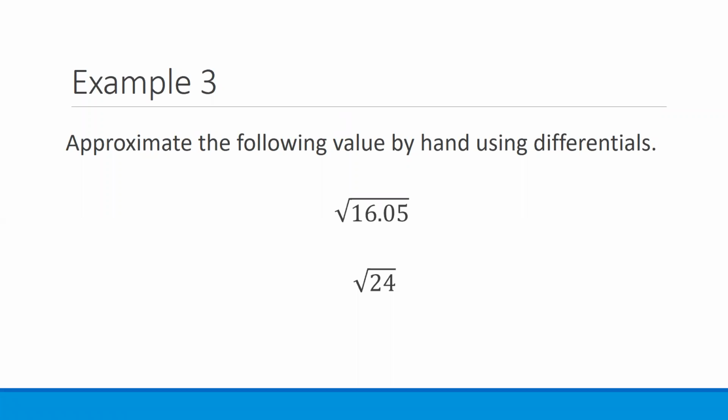In example 3, we want to approximate the following square roots by hand using differentials. We don't have an explicit function defined here, but we can easily pretend that our f of x is the square root of x function.